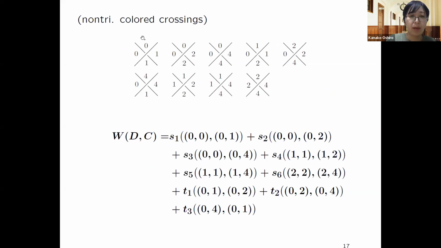So then, by using the 4 colors 0, 1, 2, 4, we have these non-trivial color crossings. So 9 types of crossings. And then we can write the weight like this by using 4 colors for some coefficient.